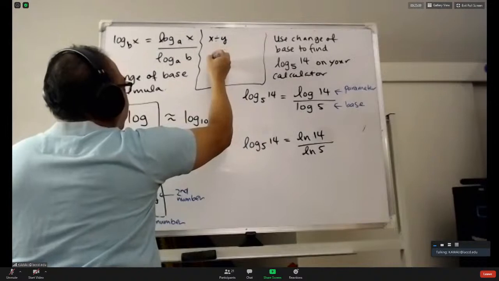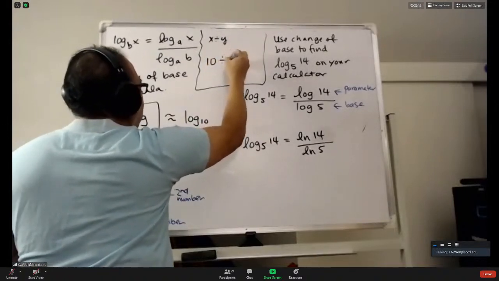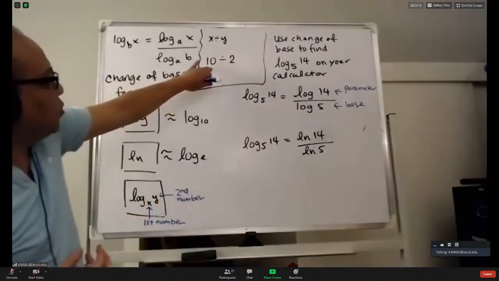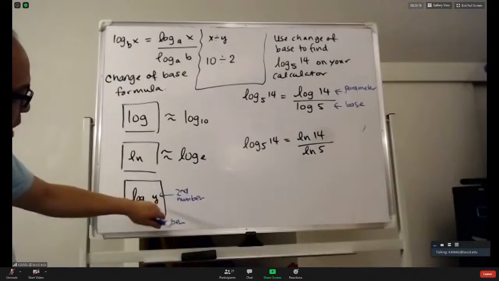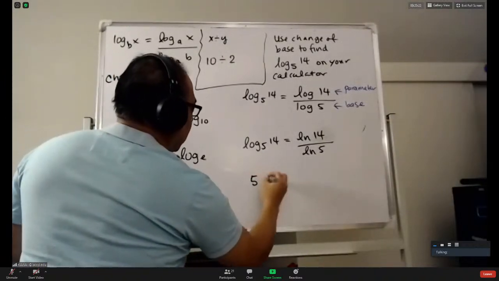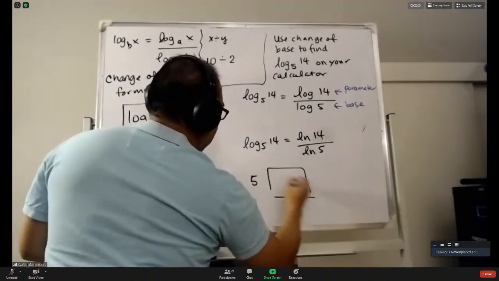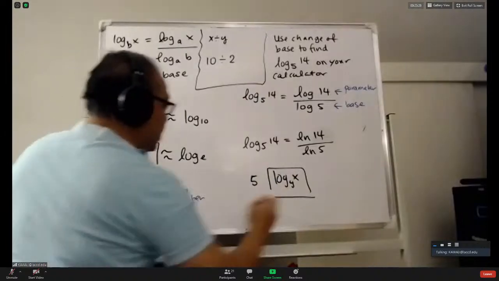So if you were trying to do a division, you would say 10 divided by 2. That's what you would press. The x always comes first. So in the same way, if you have log xy, the base would come first, and then you hit the log button, and then you hit the second number.